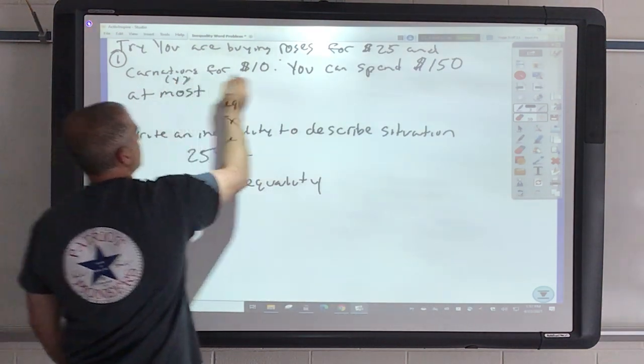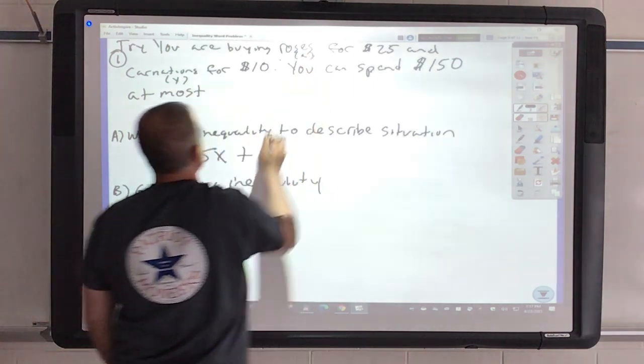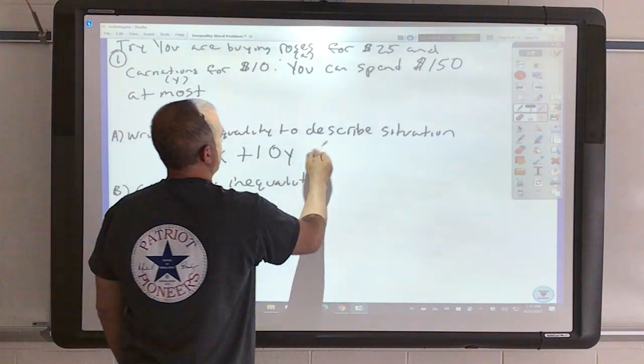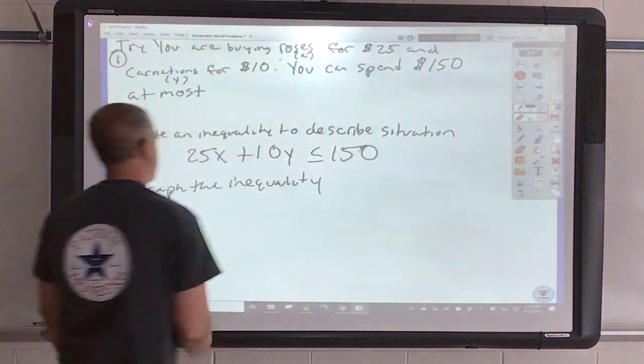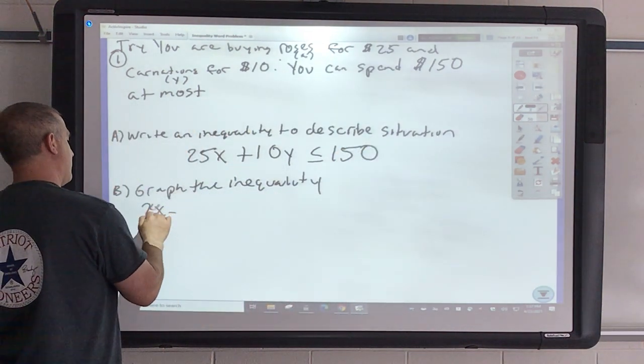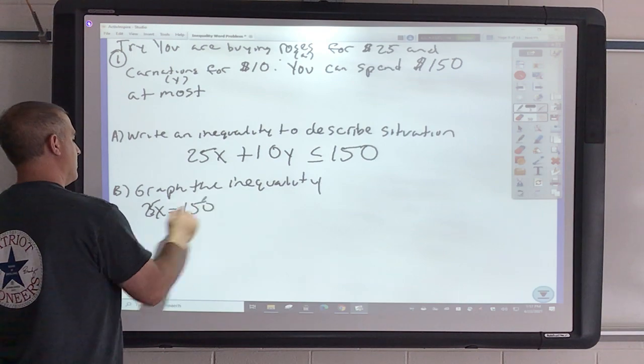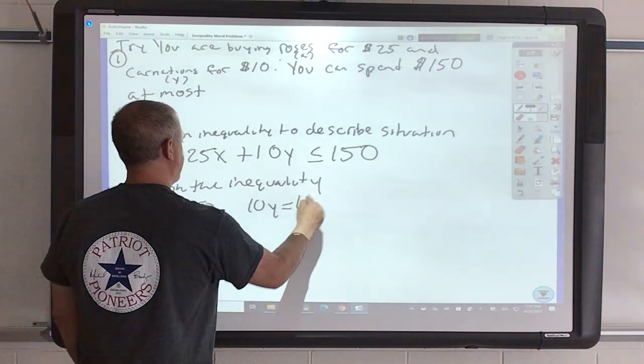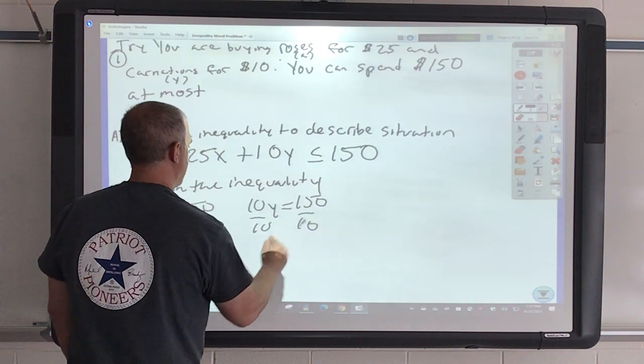We have carnations Y, roses X, okay? 10Y, can't spend more than 150. So I have 25x equaling 150, divide by 25, and 10y equaling 150, divide by 10.